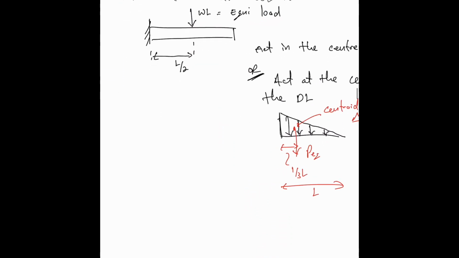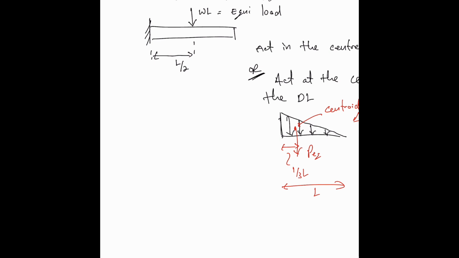Alright, so we could do a small example just to illustrate this. So let's say we have a cantilever beam, and let me draw this in black. Right, so we have a cantilever beam and we have a load acting like this.